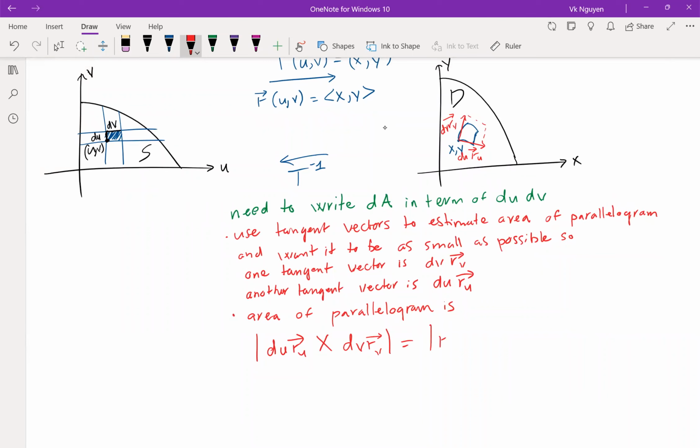So it's just r_u cross r_v du dv. And what is this? dA. We got dA. Next step is how do we do the cross product of r_u cross r_v.